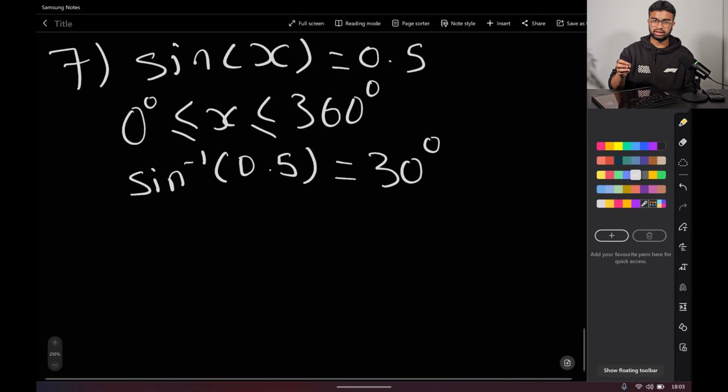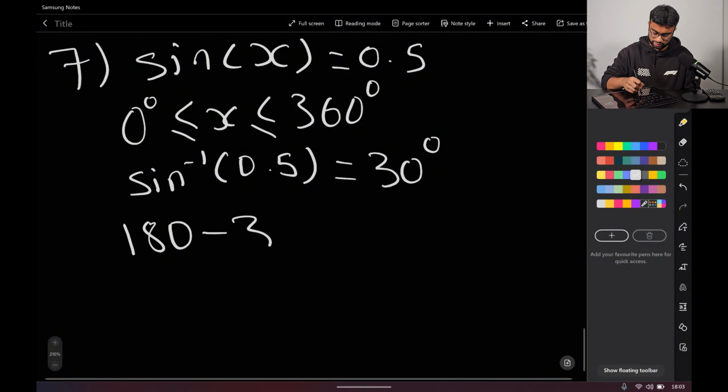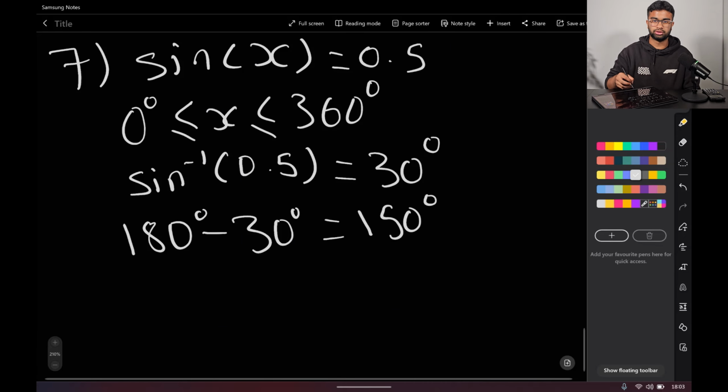And when finding the next value, you do 180 minus our first value, which is 30 in this case, and that would give us 150 degrees. Those are our two values within this interval.